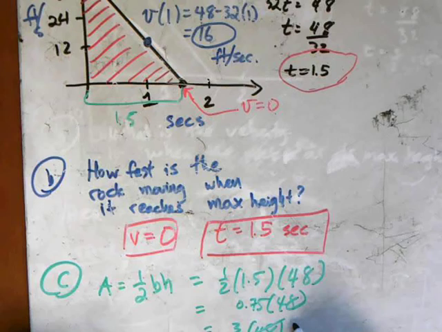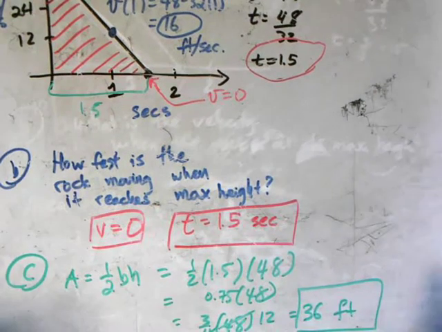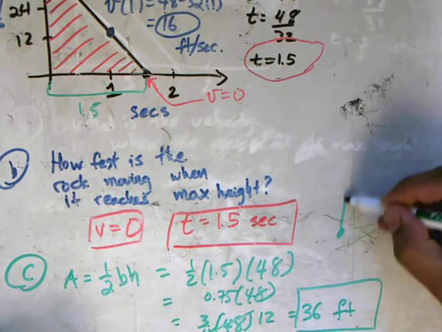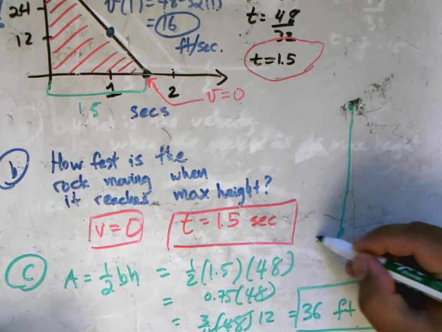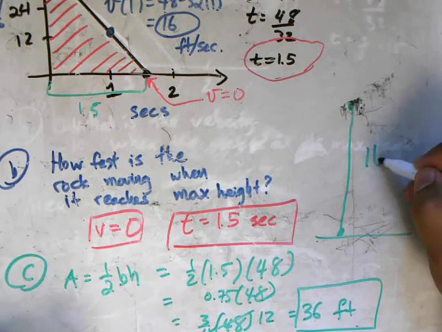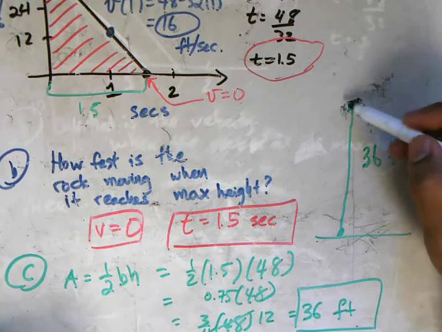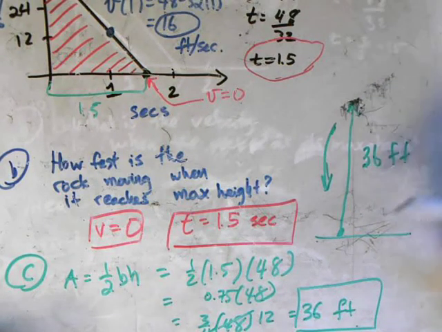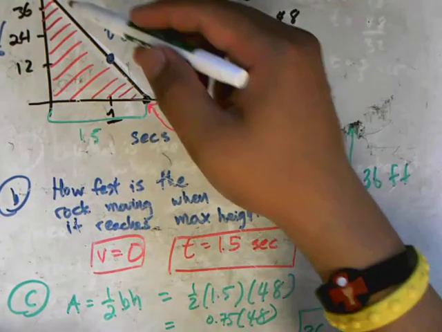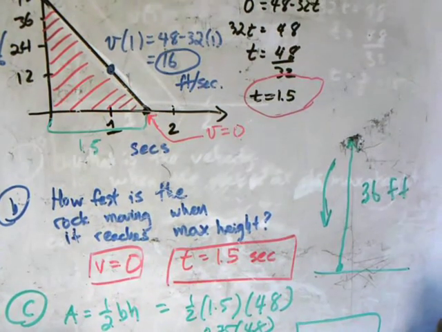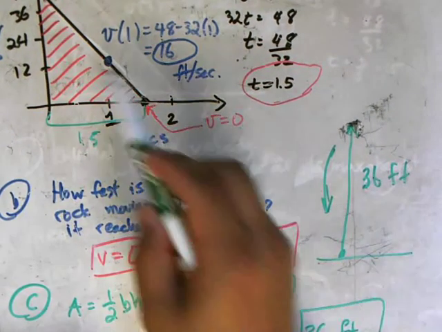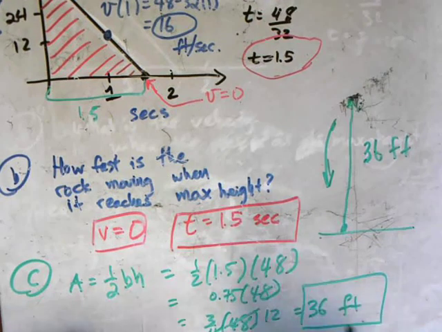You could of course type this into a calculator, but I like to do these things by hand, which is 36 feet. So in other words, if I have a rock here, it goes up, reaches its maximum height, this is the ground, it's traveled 36 feet before it actually comes back down. So this is the function that tells us how fast it's moving at any particular point, and by finding the area under the curve, we can find how far the rock has traveled.